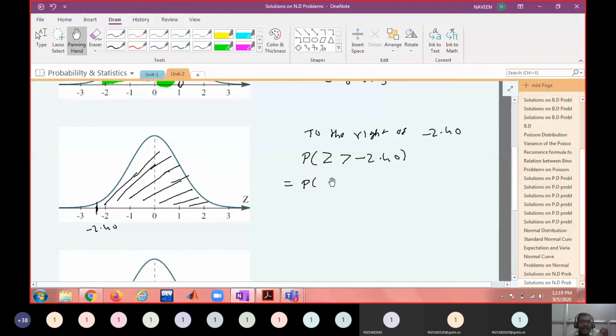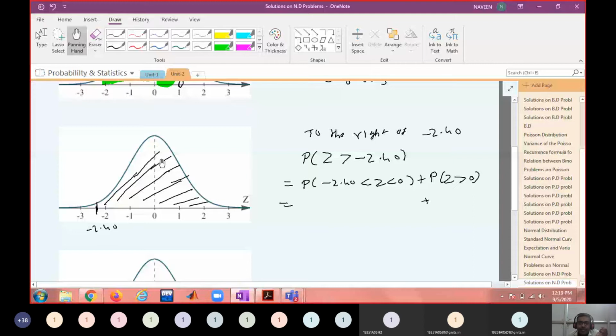That means I can write it as probability that minus 2.40 less than z less than 0, plus probability that z greater than 0. But what is the probability that z is greater than 0? It is 0.5, because this is the right half of the normal curve. So this I can write out easily. That is nothing but 0.5.